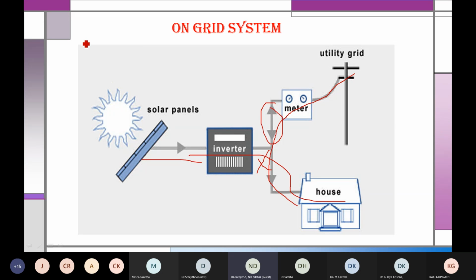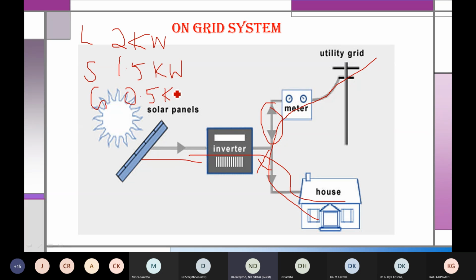The connected load is 2 kilowatt, and my solar panel is giving 1.5 kilowatt. So from the grid I will take 0.5 kilowatt. This is what generally an on-grid system will do. So the connected load now is 2 kilowatt.